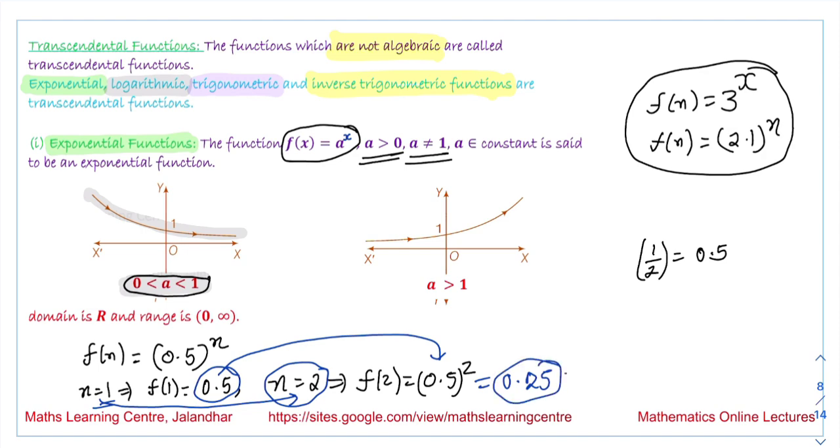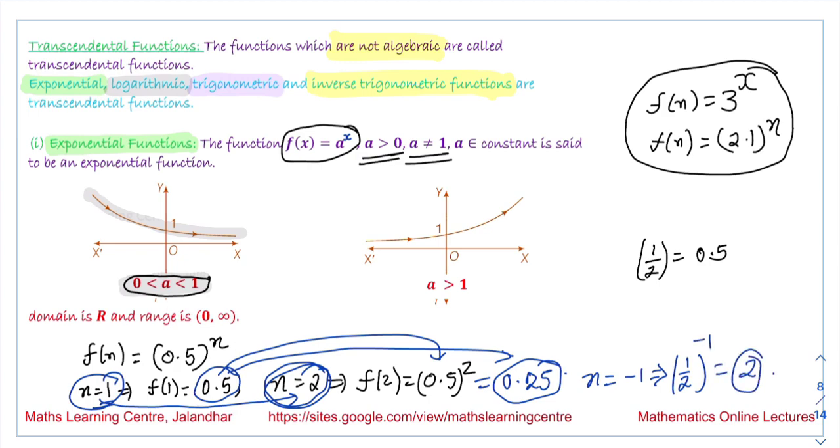So as the value of x is increasing, the value of f(x) is decreasing. Now if we take the value of x is equal to -1, in place of 0.5, suppose we write it as 1 by 2 raised to the power -1. The answer we obtain is 2.